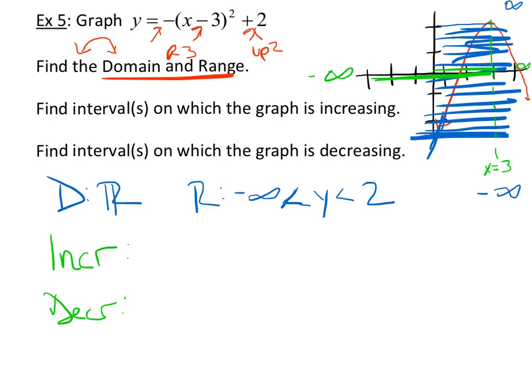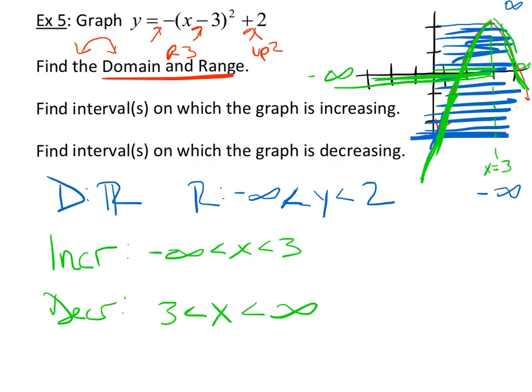So I'm increasing, and I'm going up here to here. So that's from negative infinity all the way to 3. So negative infinity to 3, I'm increasing, and then at the 3, now I start going down. So from 3 to infinity. And that's what I'm going to need for that one.